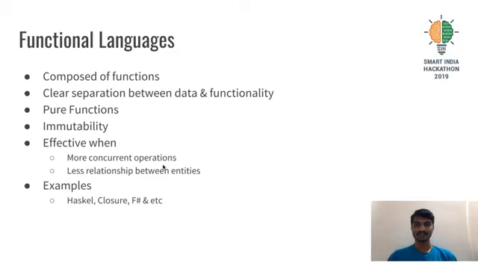For example, if I'm calling a function A with parameters 1 and 2, however many times I call the same function with the same parameters, it will give me the same value and it won't affect the environment or the context.